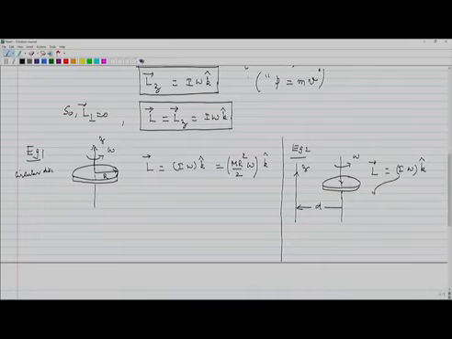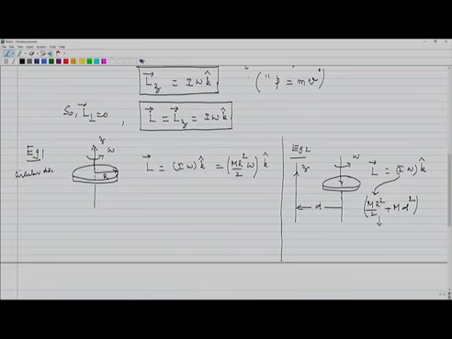This I is the moment of inertia about the symmetry axis, that is mr squared by 2, but we are calculating with respect to the z-axis, therefore we add md squared. This is what we call the parallel axis theorem.